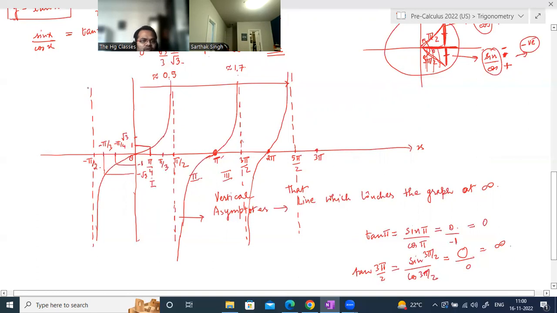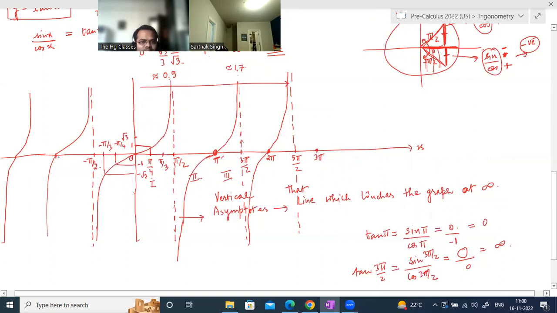And this behavior will continue. The graphs are like this, where these are the asymptotes. Now what will be this angle?